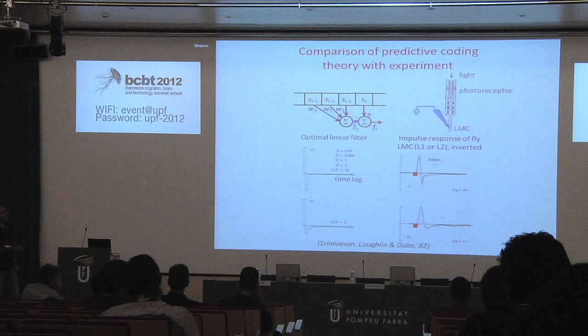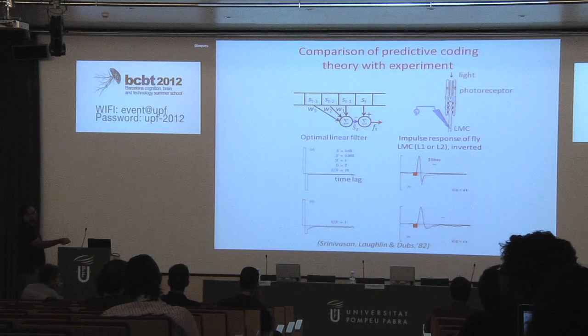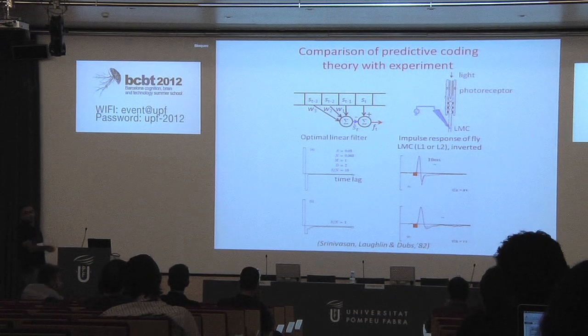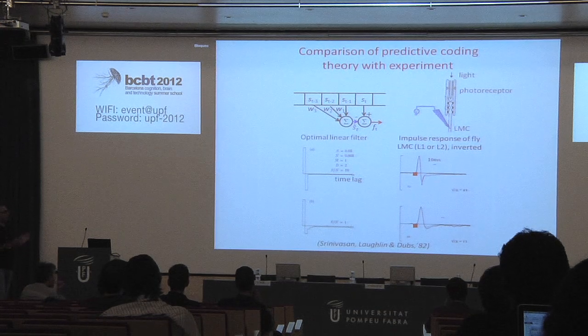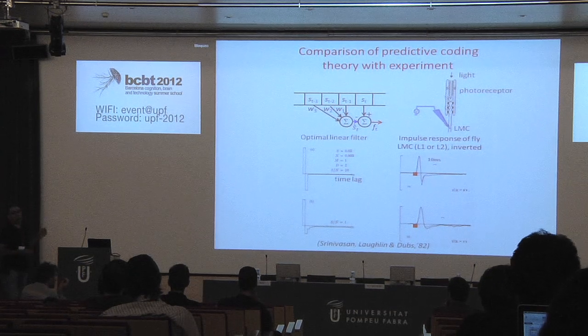And then the optimal linear filter that they computed had a lower amplitude but a longer predictive component. The reason is that at lower signal-to-noise ratio, to come up with a better prediction that is less contaminated by external noise, you would want to average over many steps in time.